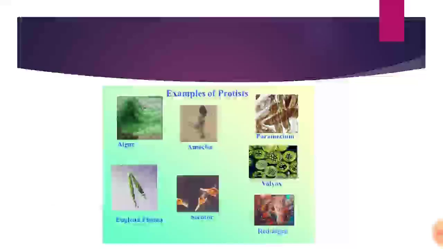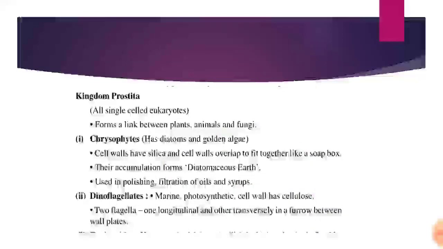Examples of Protists: algae, like giant kelp. Second one is amoeba, paramecium, euglena. This is red algae, volvox. Kingdom Protista: all single-celled eukaryotes.